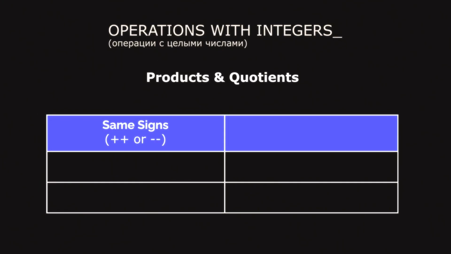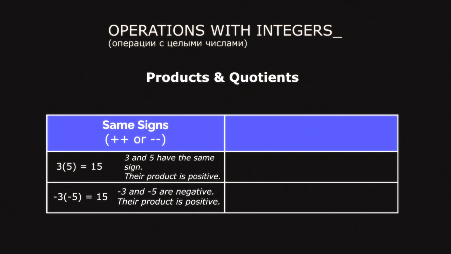Same signs. Positive and positive integer or negative and negative ones. The product of 3 and 5 equals 15. Their product is positive because 3 and 5 are positive. Произведение чисел 3 и 5 будет число положительное, так как число 3 и число 5 положительные.